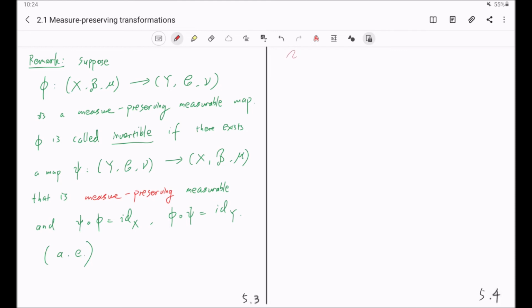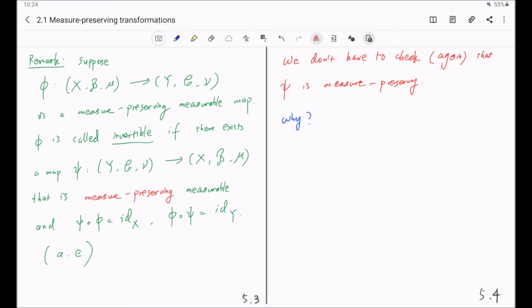So I should write that you don't have to check again that psi is measure preserving. And why?